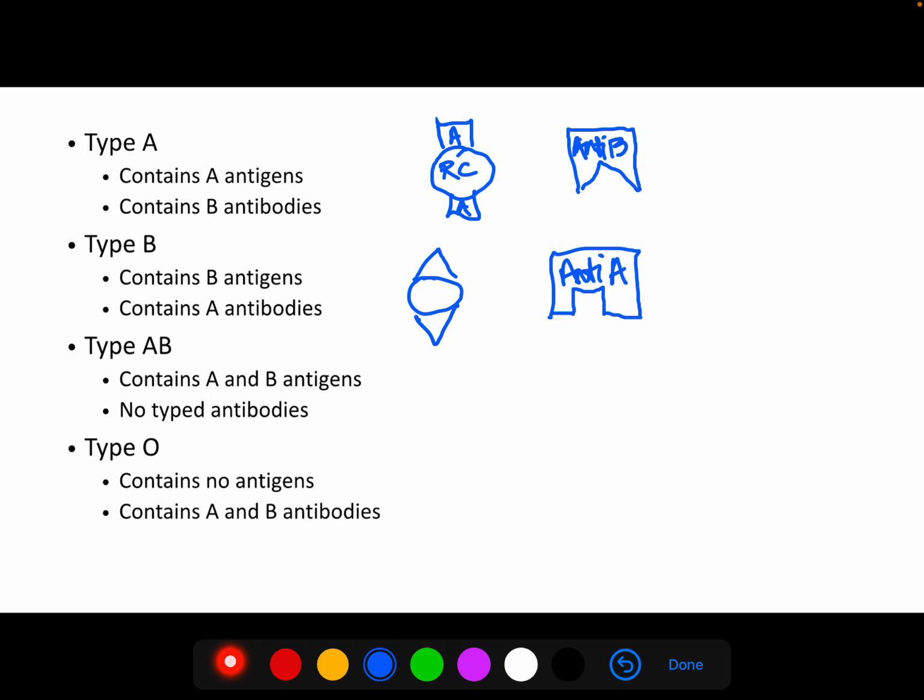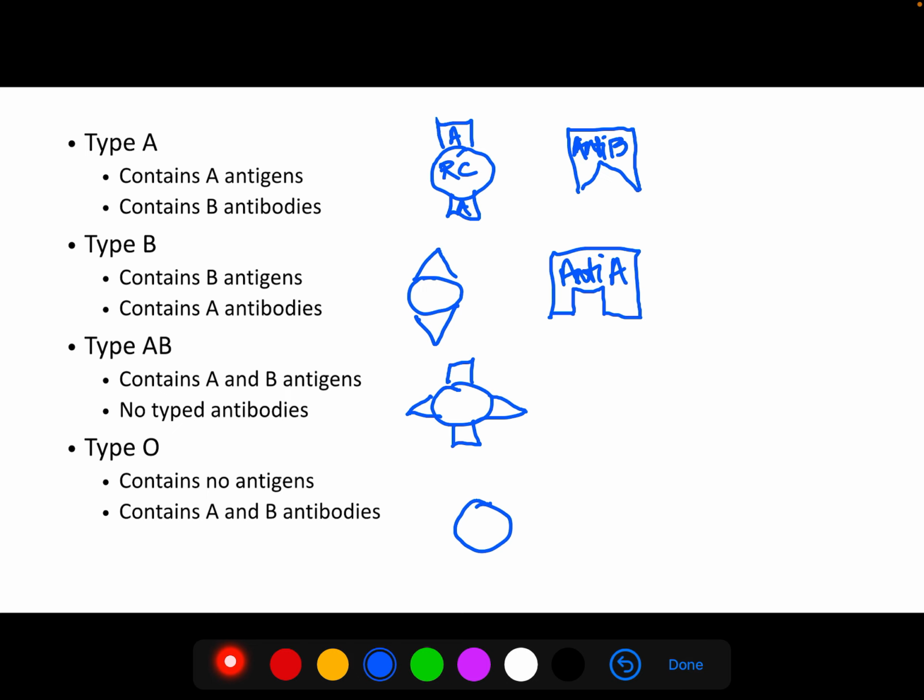So your blood type is based off of what antigens are on your blood cells. So if we look at type AB blood, that means that they have both A and B antigens, and they don't have any blood type antibodies that they produce. Whereas if you're type O blood, think of O as in 0. So your red blood cell has no antigens on it. It is plain.